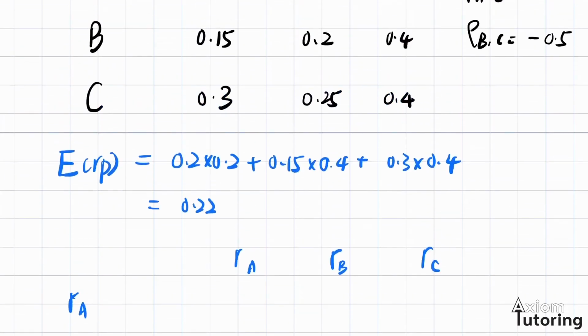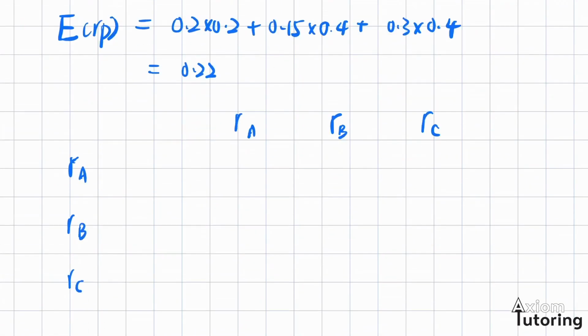So what is the covariance between RA and RA itself? It's simply the variance. Since we have different weights, we need to add the weights as well, so we need different weights here as well.